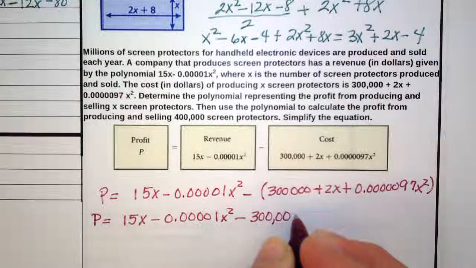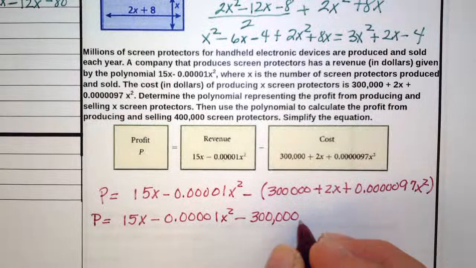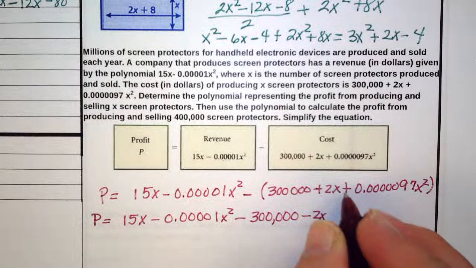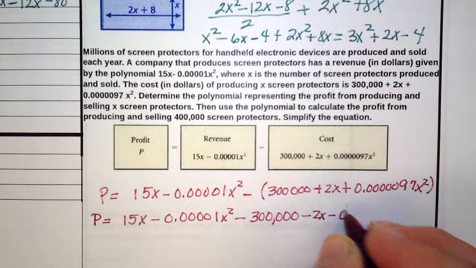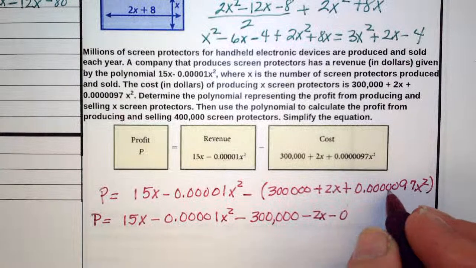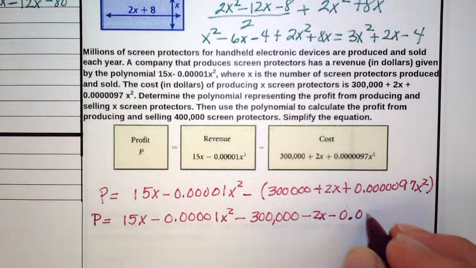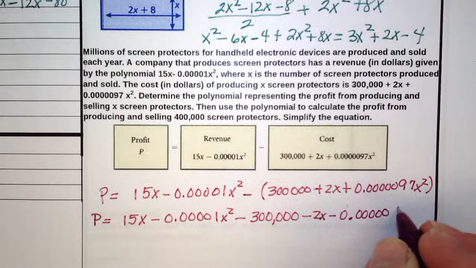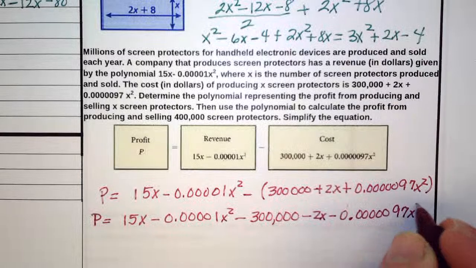Remember, it's changing to the opposite sign. Minus 2x minus 0.000097x squared.